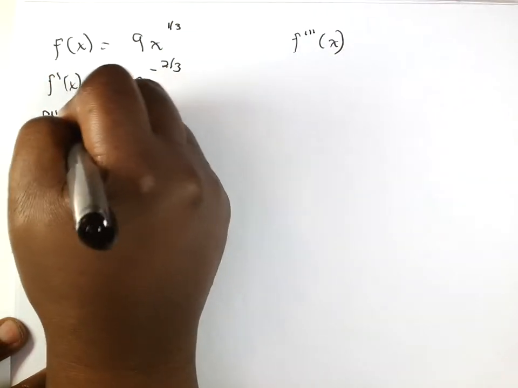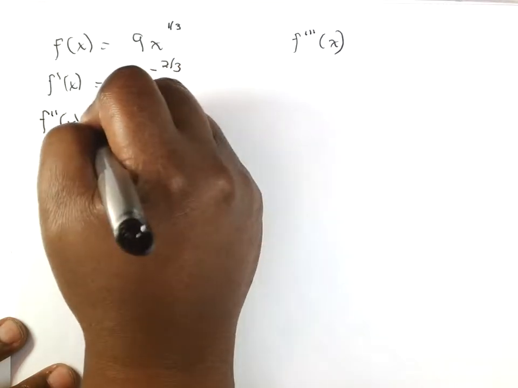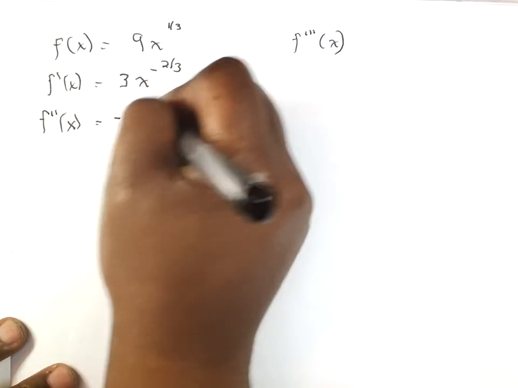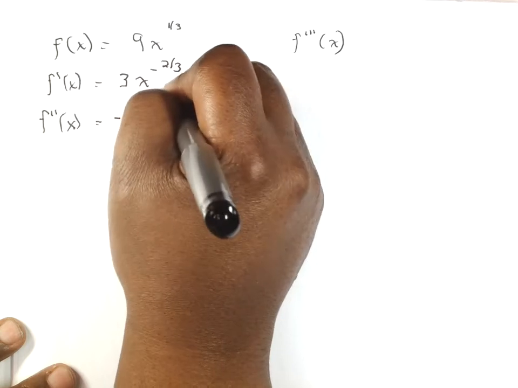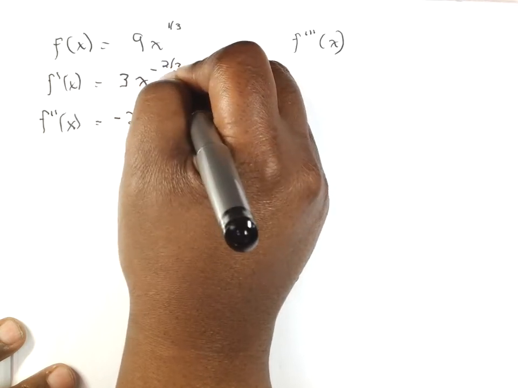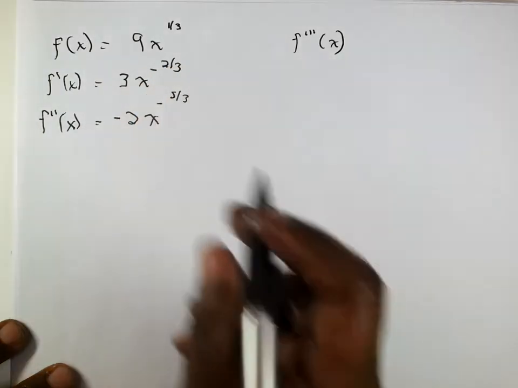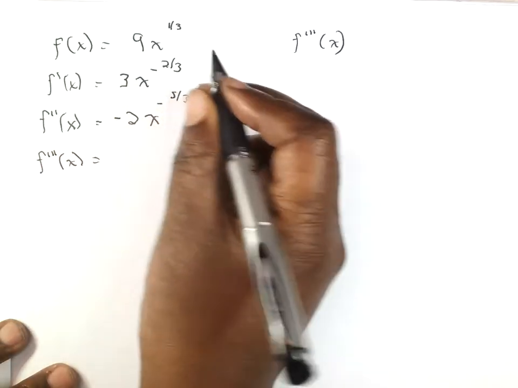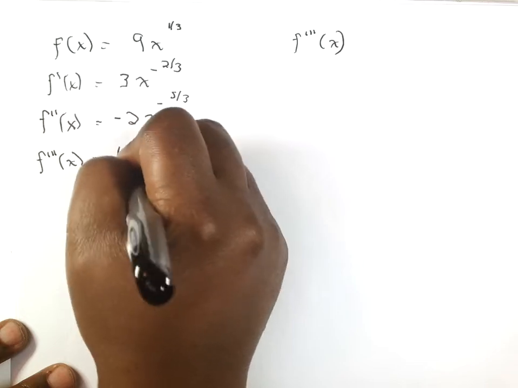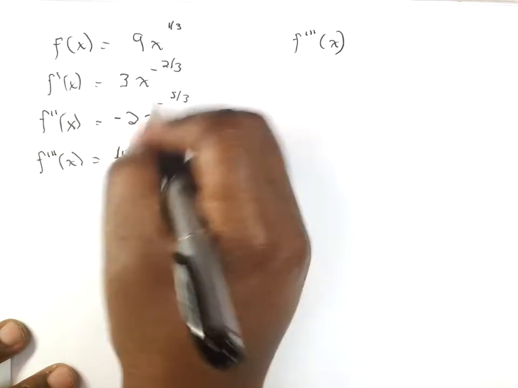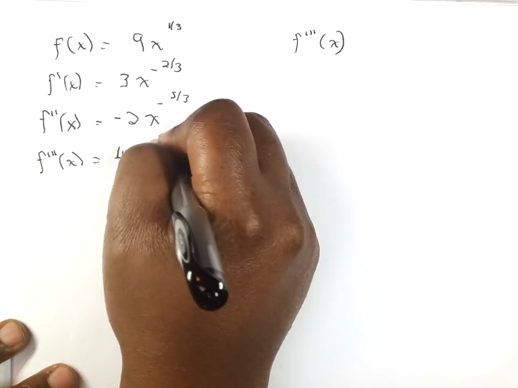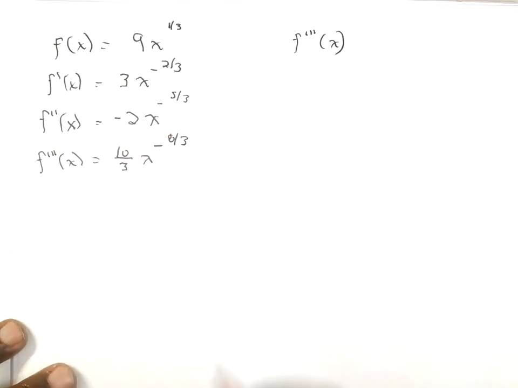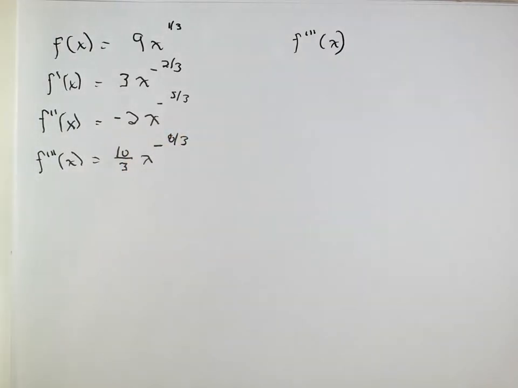The second derivative, negative 2/3 times 3 gives me a negative 2, x to the negative 5/3, because negative 2/3 minus 1 gives me a negative 5/3. And then the third derivative, I get 10/3 when you multiply that, x to the negative 8/3 when you subtract 1 from that exponent.